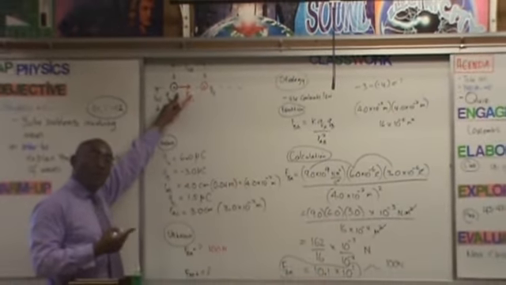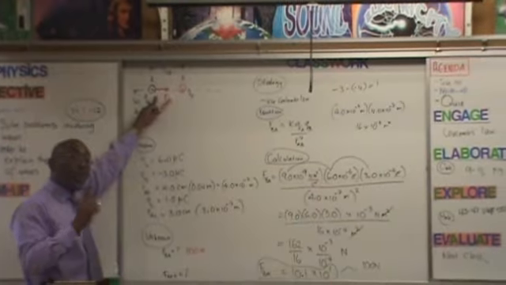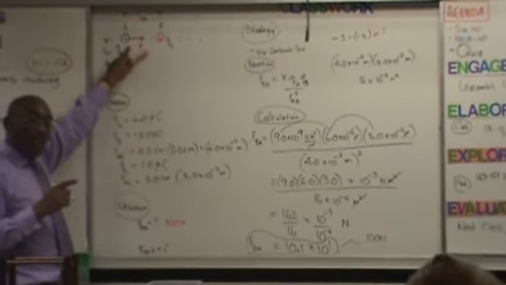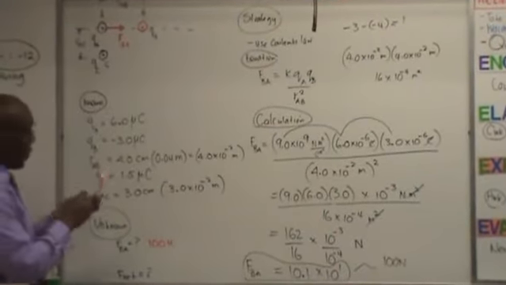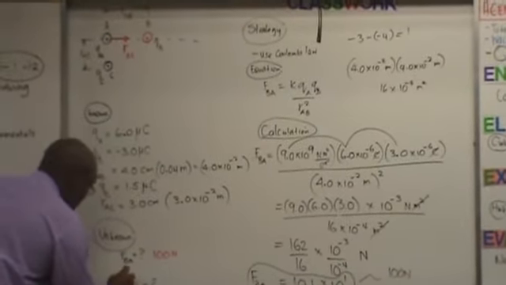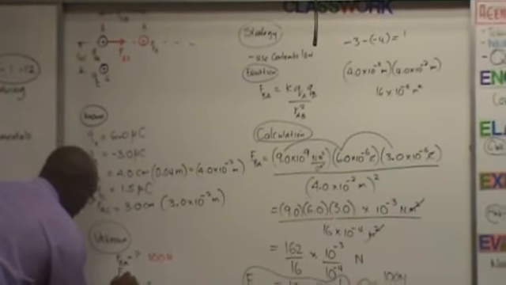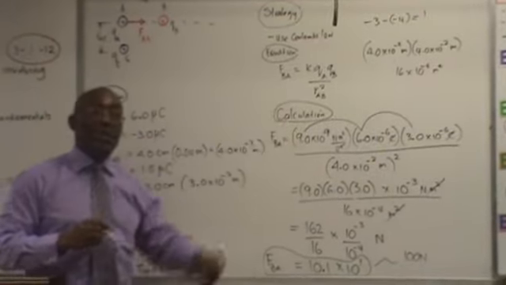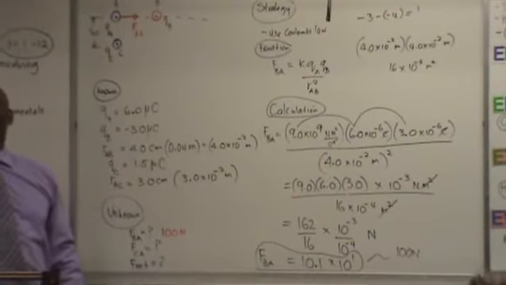But if I'm going to find the net force on this charge, I'm going to need to first find the force of this on that. Are you with me? Yes. So what do we call that force? F of what? C on A. We need F of C on A. We already found F of B on A. Now we will need F of C on A.